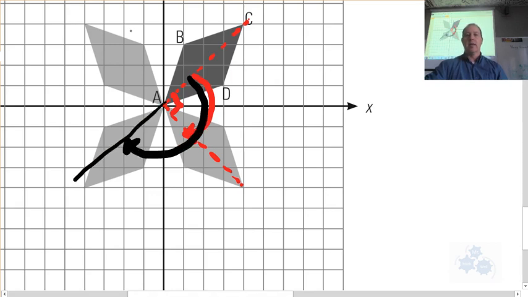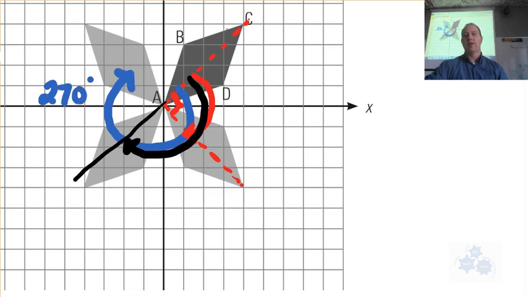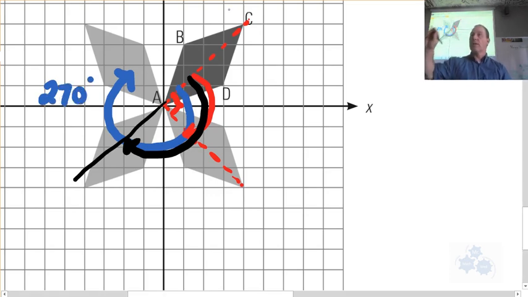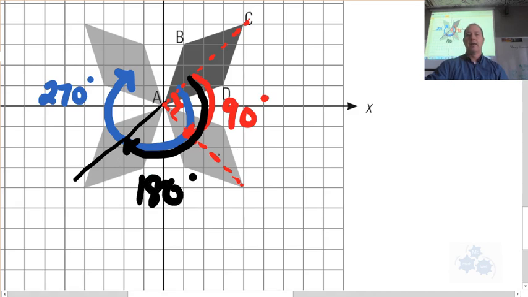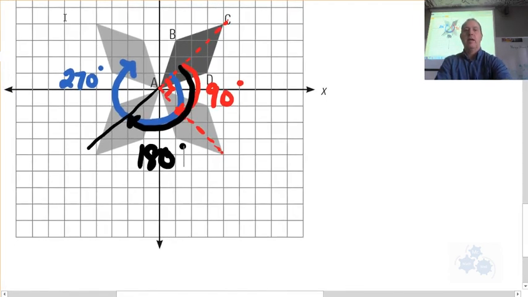And then this one here, let's make this the color blue, all the way around to this one, that's 270 degrees. And if you rotate the shape 360 degrees, it lands exactly back on itself. So again, the red is 90 degrees, the black is 180 degrees, and then the blue here is 270. Any questions about that?